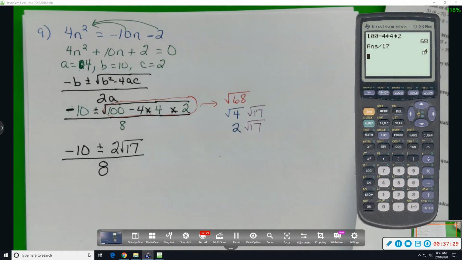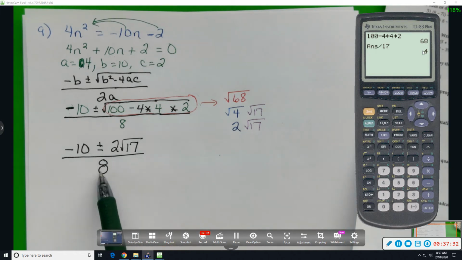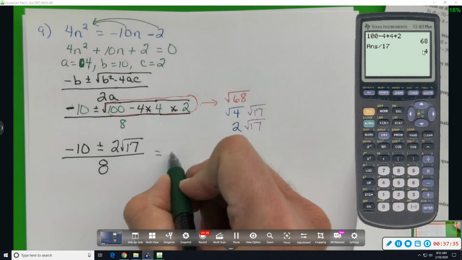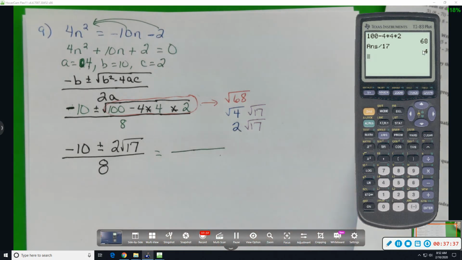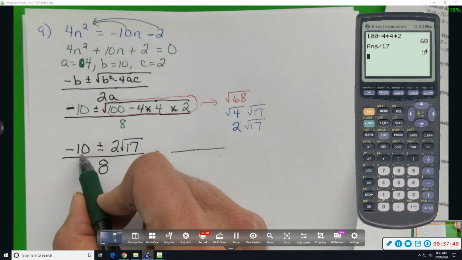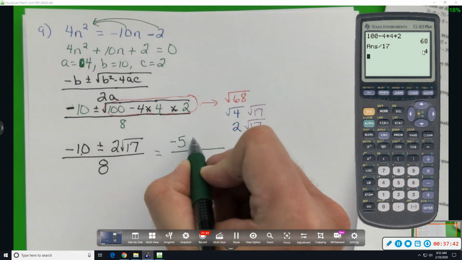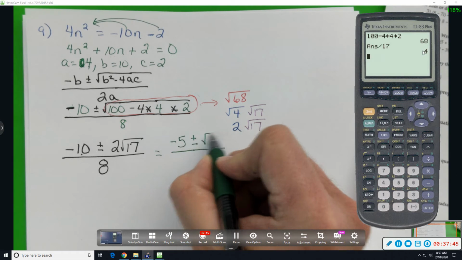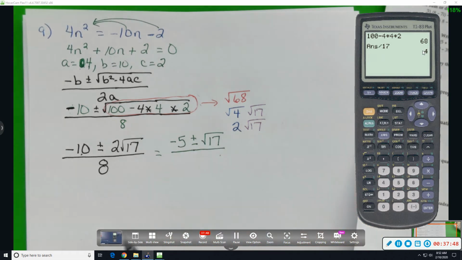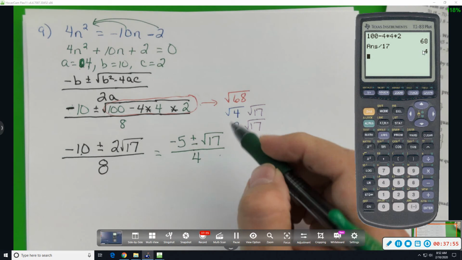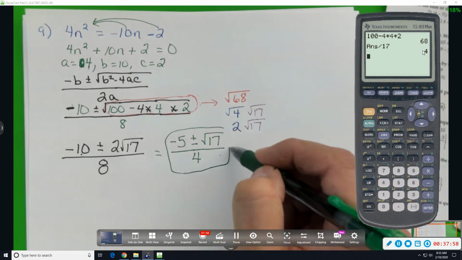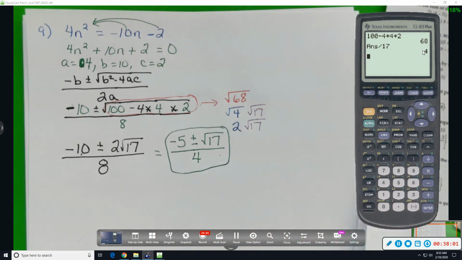Divide the 3 numbers that aren't under the square root, the 10, 2, and 8, by 2. Negative 10 over 2 will be a negative 5, plus or minus. The 2 over 2 would just cancel and leave a 1, so just square root of 17. The 8 over 2 is 4. So negative 5 plus or minus the square root of 17, all over 4.